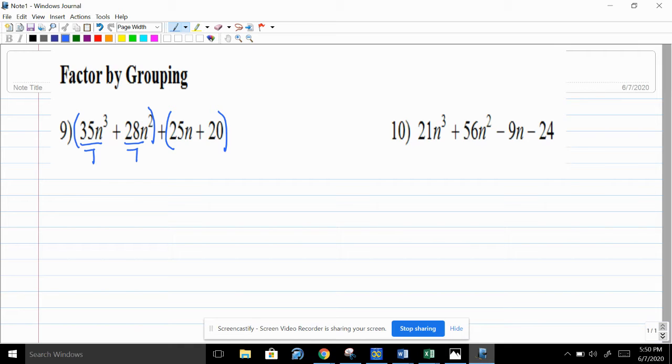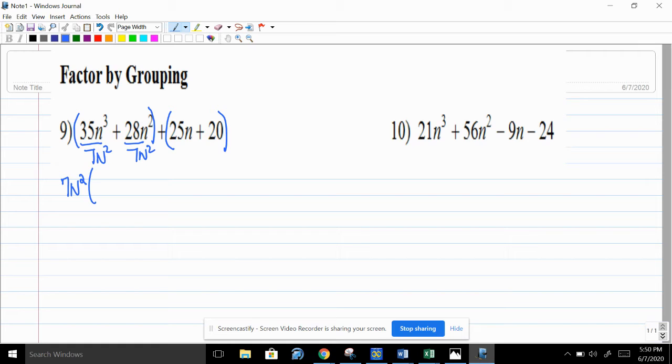And they also both have n's. We talked about taking out variables. You always take out the smaller variable because you can only take out what they both have. So I'm going to take an n squared from each of those two terms. So a 7n squared is what goes on the outside.